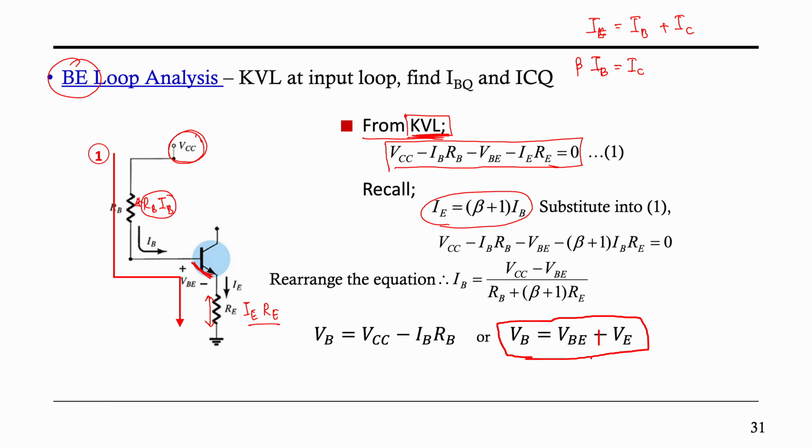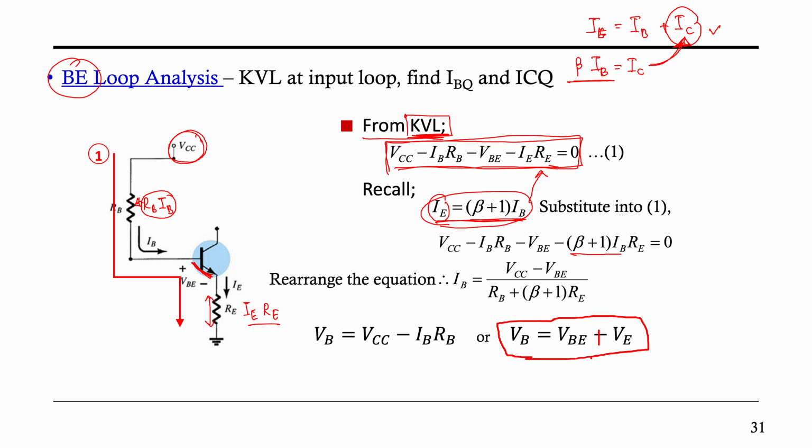Since we don't know the value of IC, or IC is not involved in this equation, we can substitute IC with beta IB into this equation. So IE is equal to beta plus 1 IB.